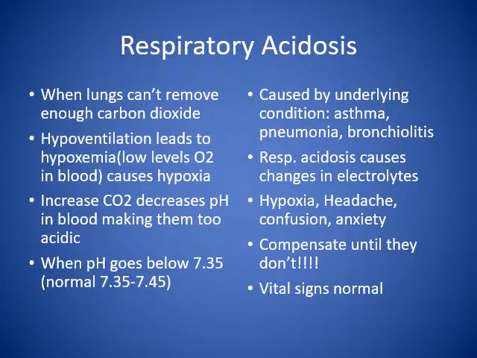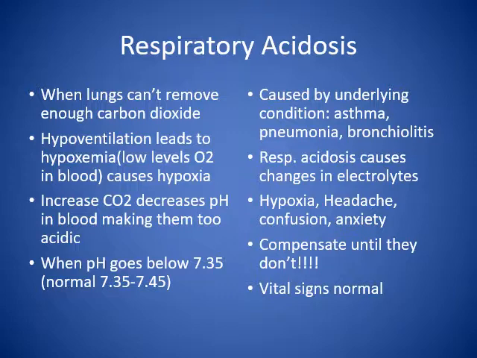So I'm sure this is a review slide for you about respiratory acidosis. Kids typically will present in a respiratory acidotic state if they are in severe respiratory distress. We don't see metabolic acidosis usually in children unless they have a chronic condition. Acidosis, again, results when the lungs cannot remove enough carbon dioxide.